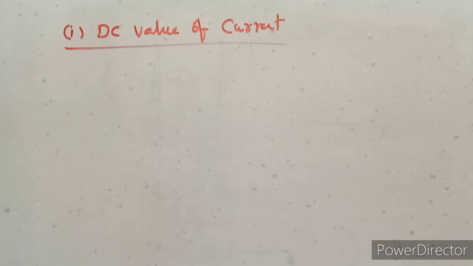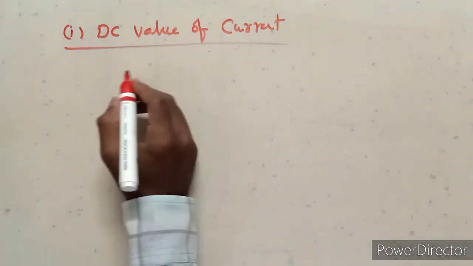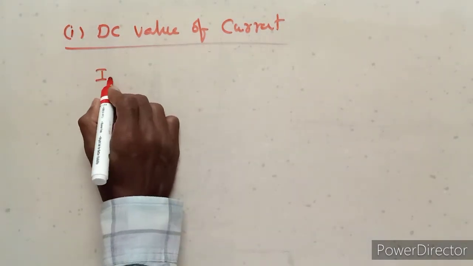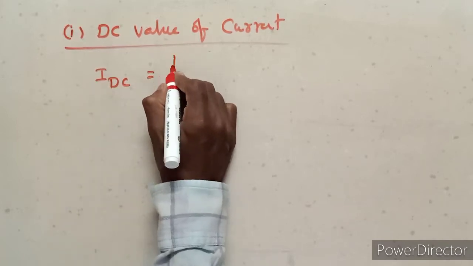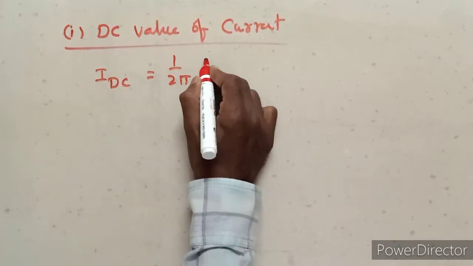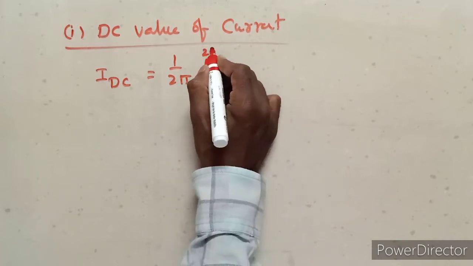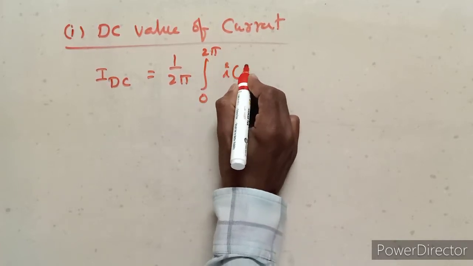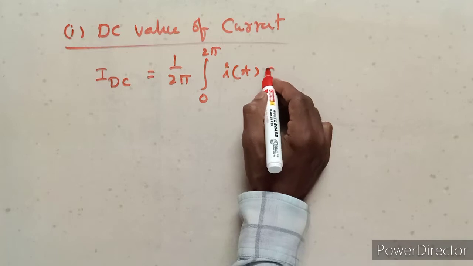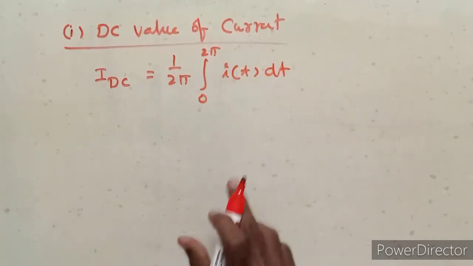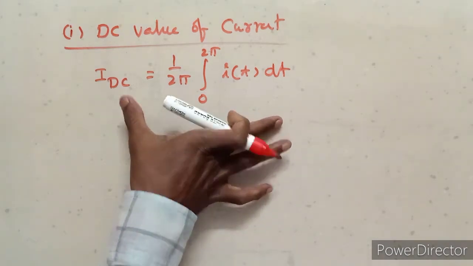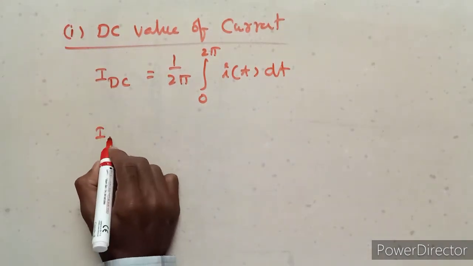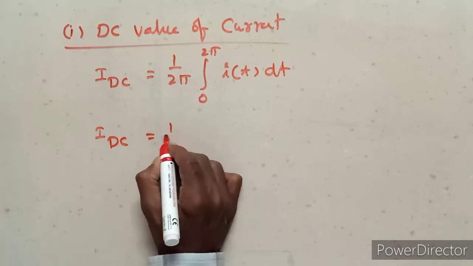We know the formula: the DC current equals 1 upon 2 pi integration from 0 to 2 pi of i(t) with respect to time.